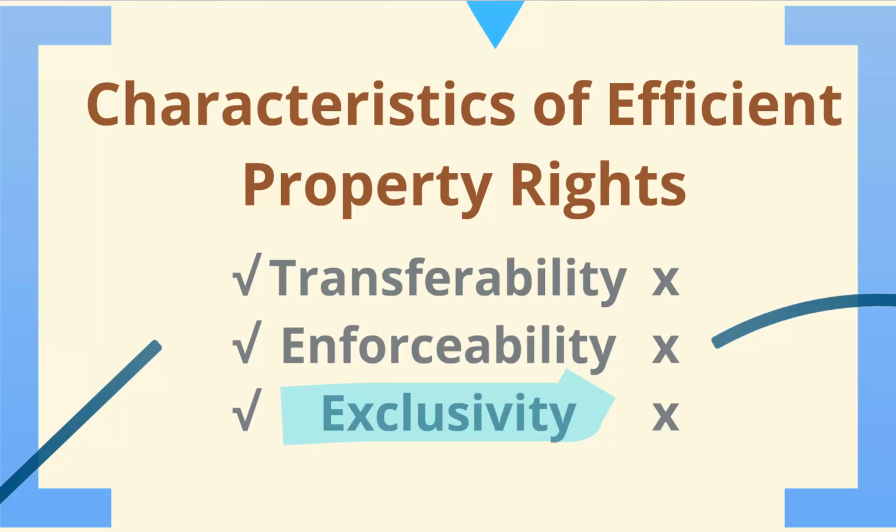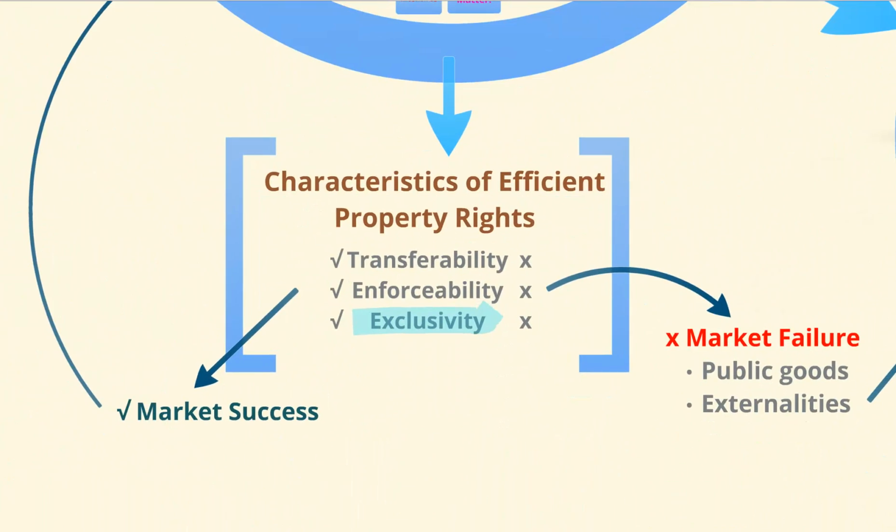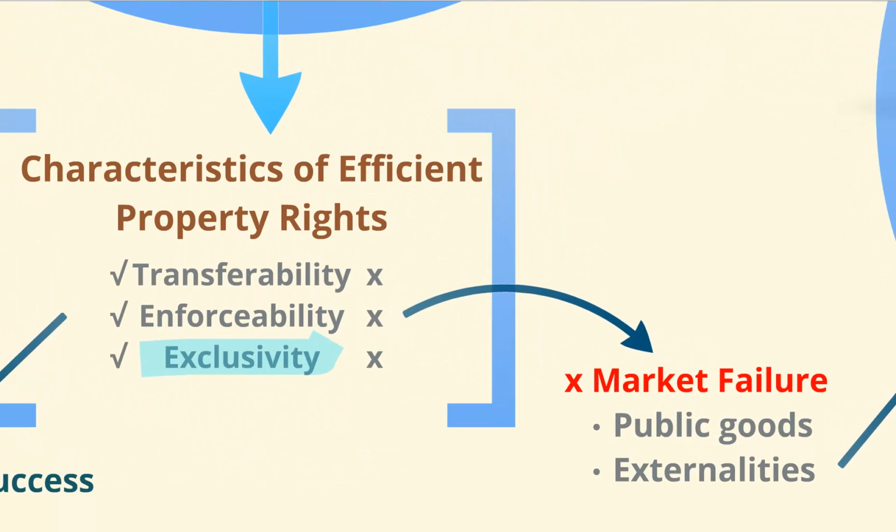What we mean by that is that if a good is transferable, if the right to hold that good is enforceable, and if the benefits and costs are exclusively accrued to the individual that holds the good, then we get efficiency. We get what we call market success, all right? And the market will achieve a socially efficient outcome. On the other hand, if any of those are not satisfied, that's going to end up with market failure.